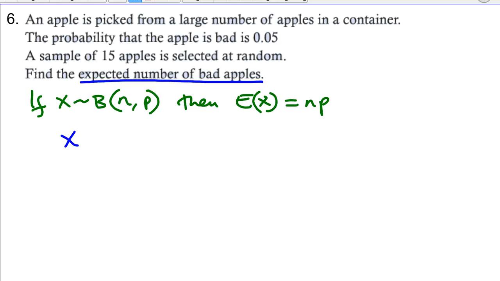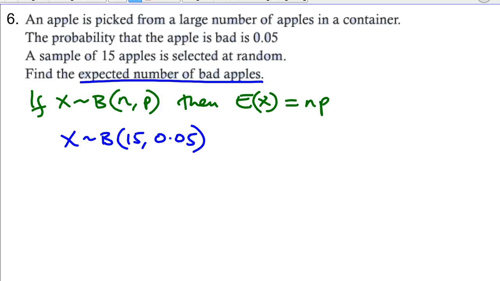So X follows a binomial distribution with parameters 15 trials, and the probability of a bad apple is 0.05.